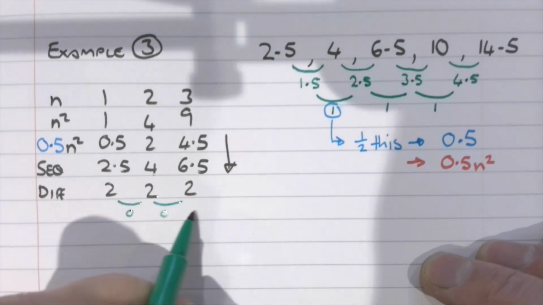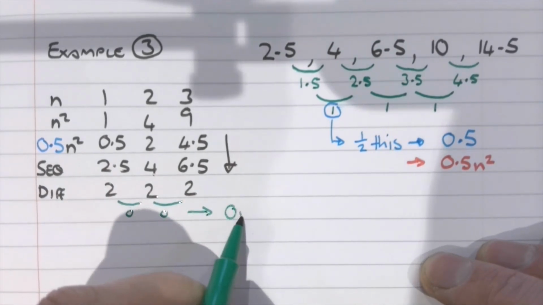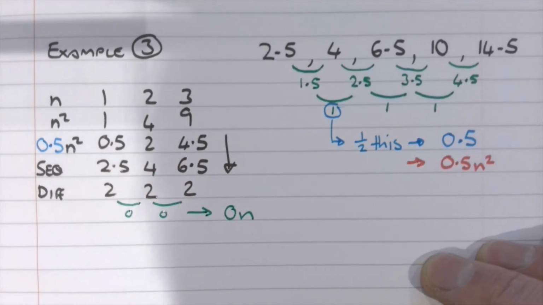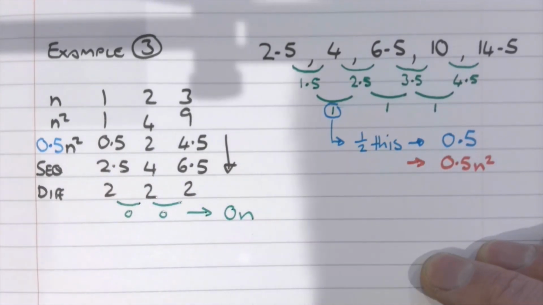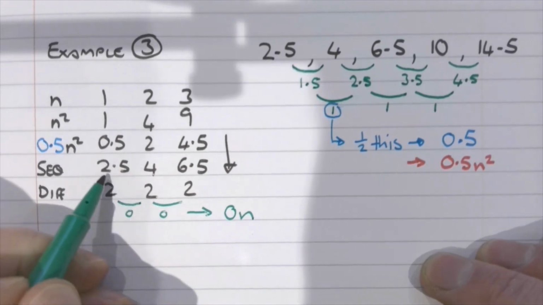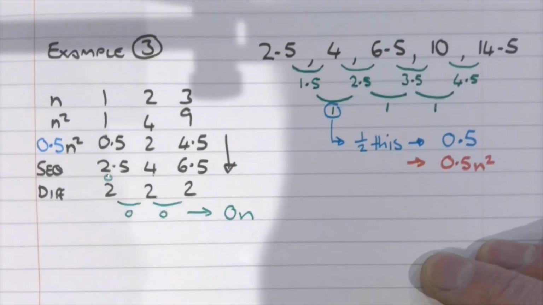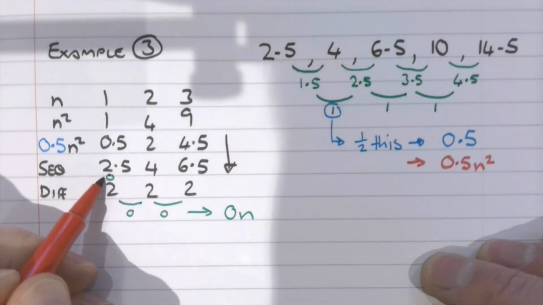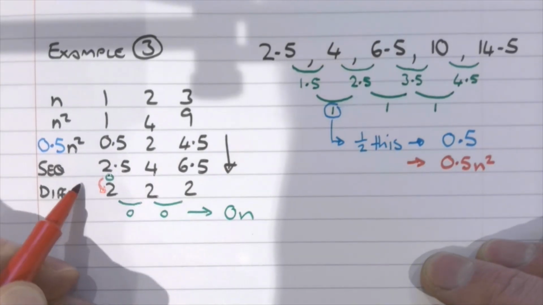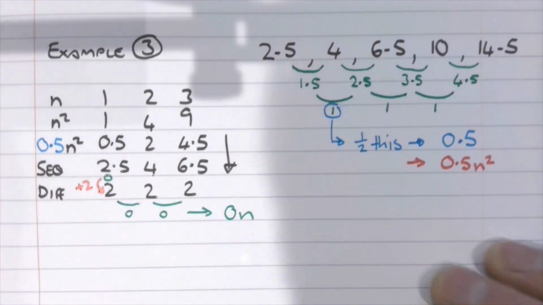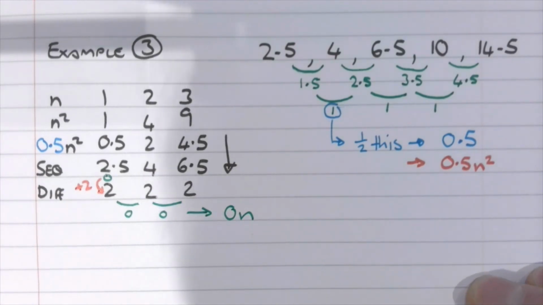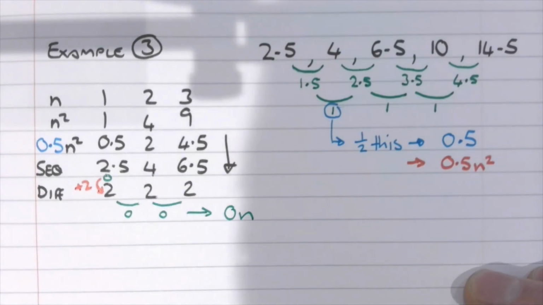0, 0. So that's telling me I've got 0n. What's the first number in the 0 times table? So the first number in the 0 times table is 0. How do I go from 0 to 2? I have to add 2, right? So now we've got our answer.